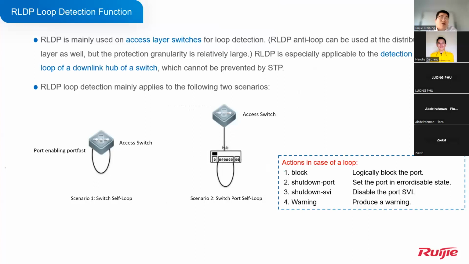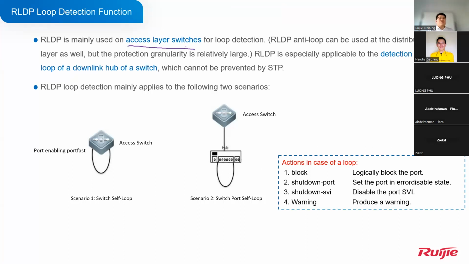Since we said that on the access layer, we should use some loop prevention protocols, the IODP is used in this case. IODP is mainly used on access layer switches, so it is different from STP.